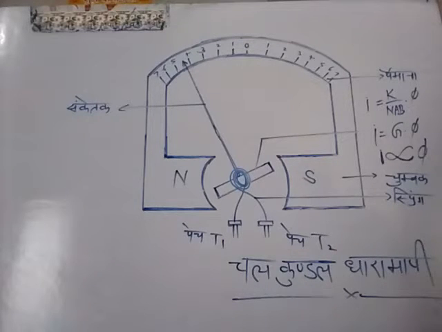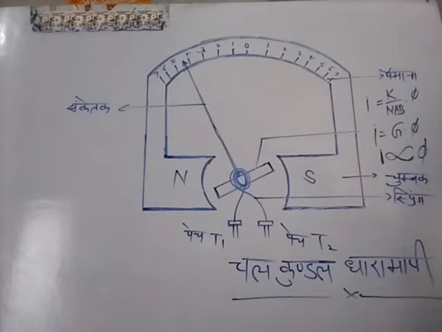So we can increase the sensitivity of any galvanometer by increasing N, or the area of the coil, and the magnetic field. And the sensitivity of the galvanometer can also be increased by reducing the force constant of the spring.